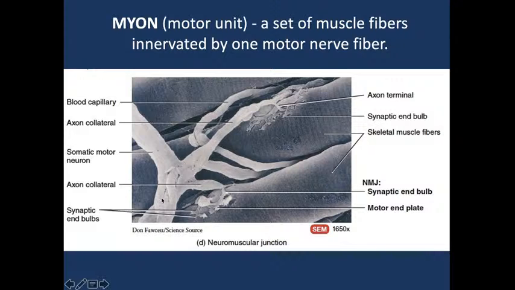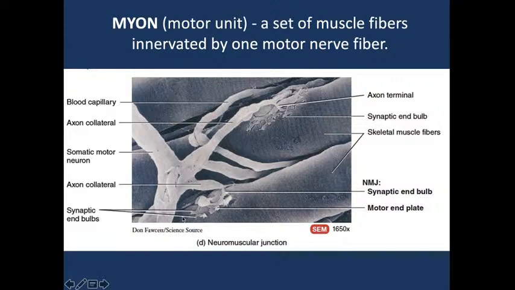You see that one somatic neuron is attached to several muscle fibers, and it is called a myon, or motor unit of the muscles.